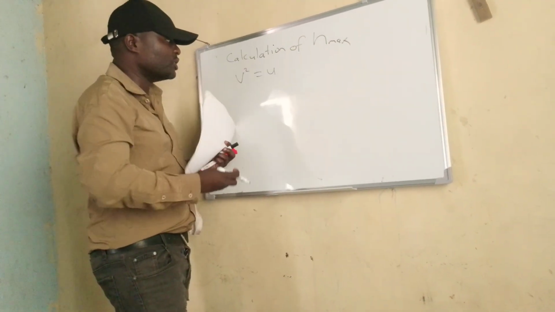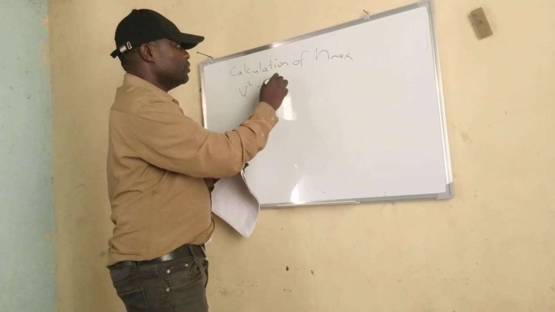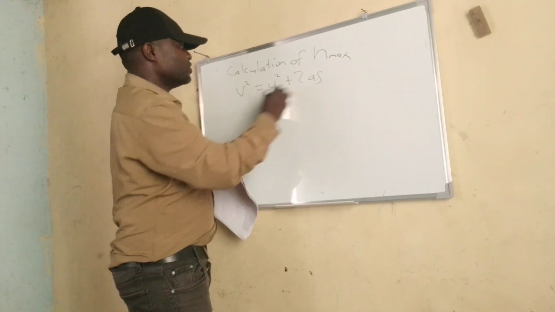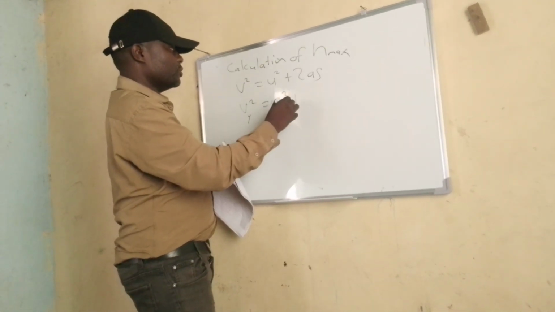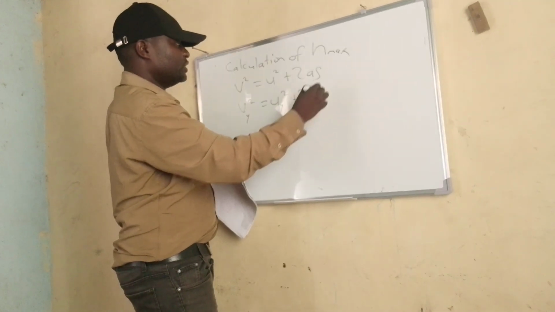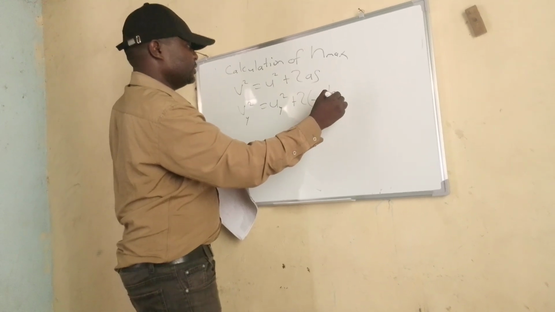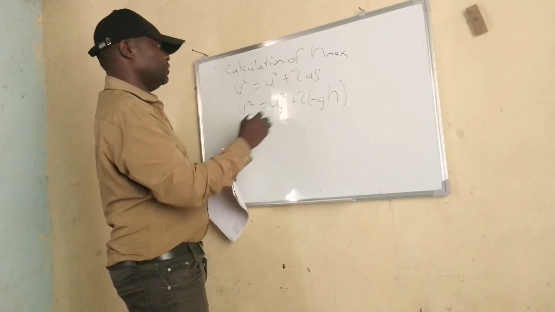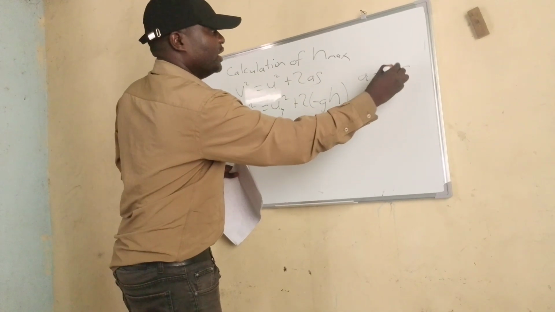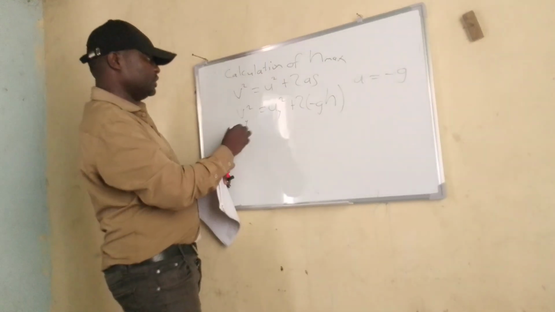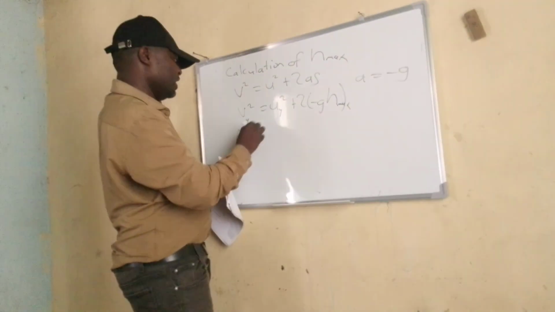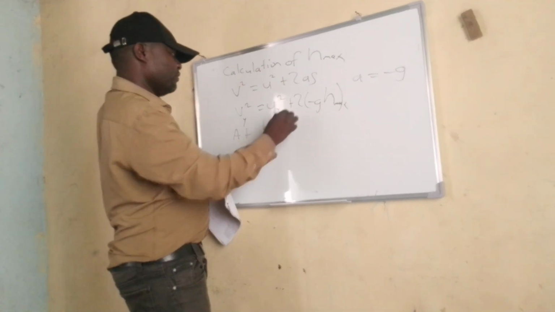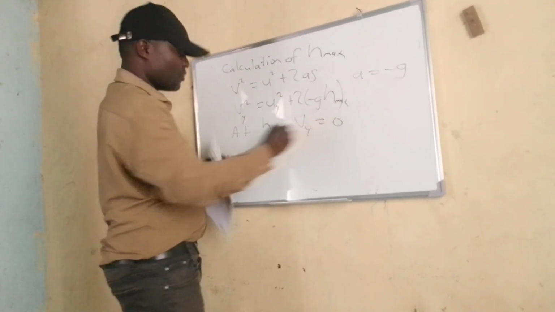Our calculation will be based on the formula v squared equals u squared plus 2as, and because a is equal to minus g, we have minus 2gh.